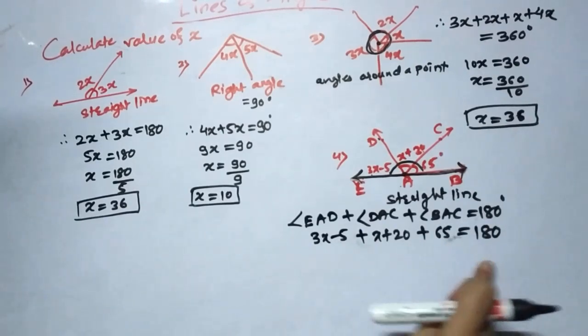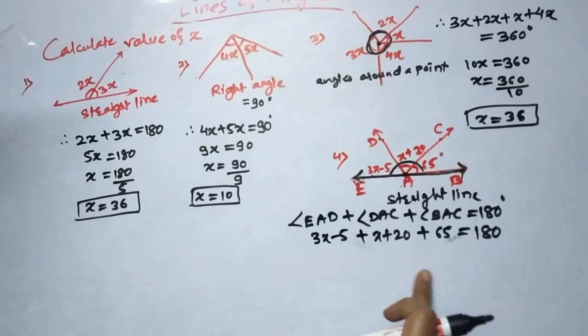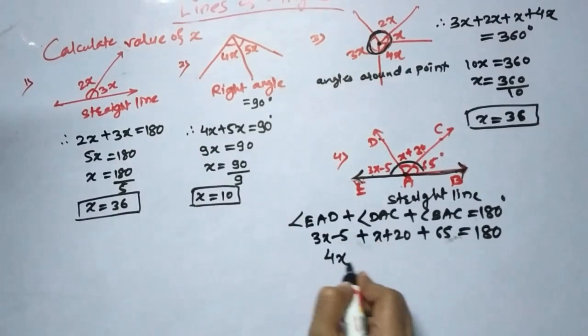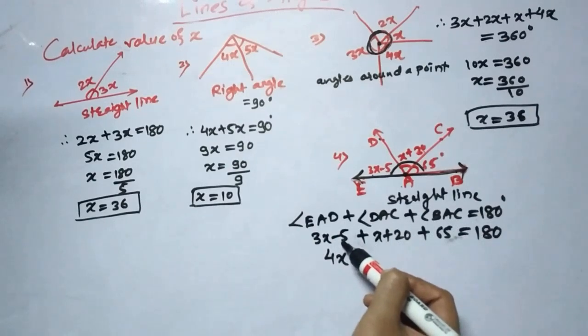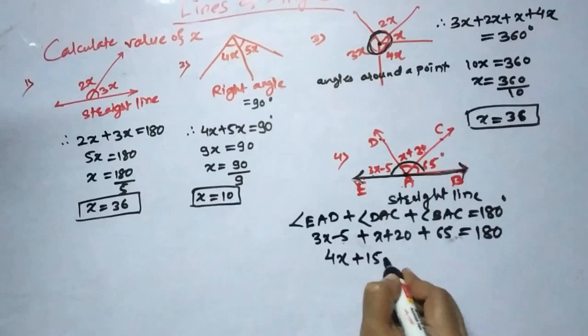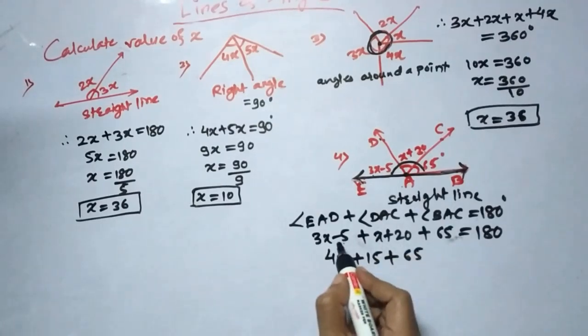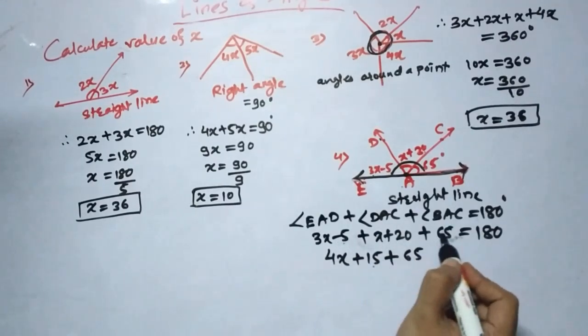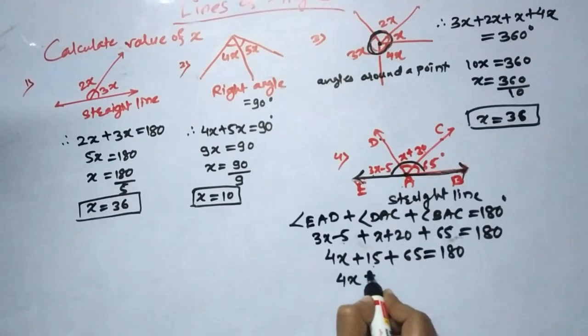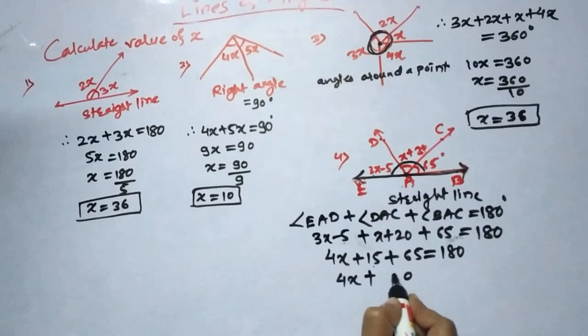We'll just solve this equation. We'll add the like terms: 3x plus x will give 4x, and minus 5 plus 20 will give plus 15, and this plus 65. So friends, here 4x plus, you will get here 80.